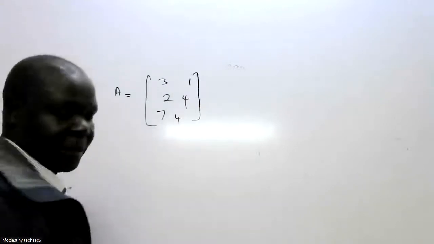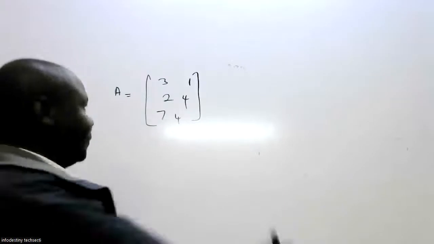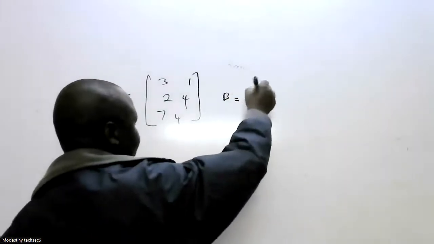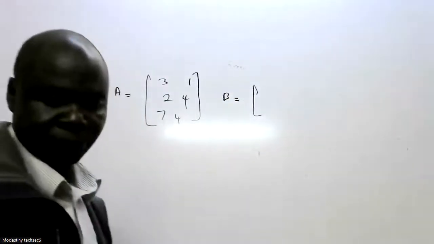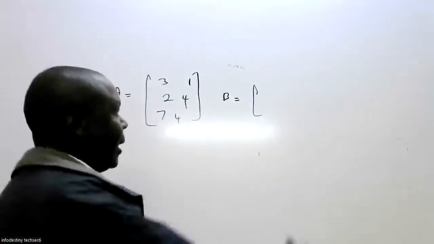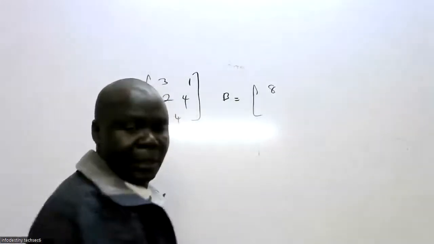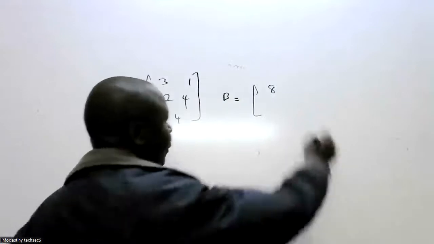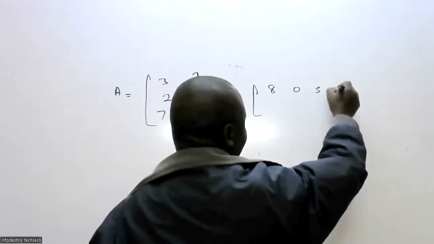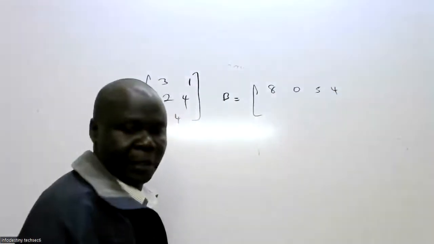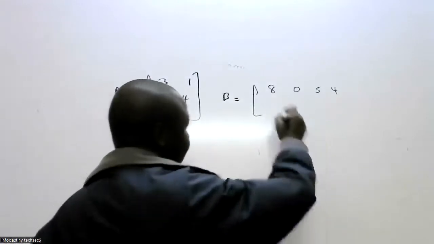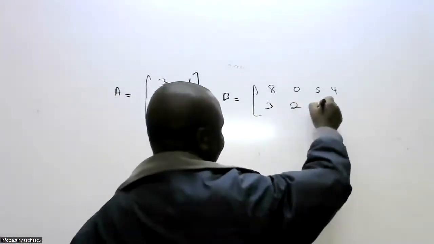That is the first matrix. Matrix B equals 8, 0, 5, 4, then 3, 2, 1, 1.